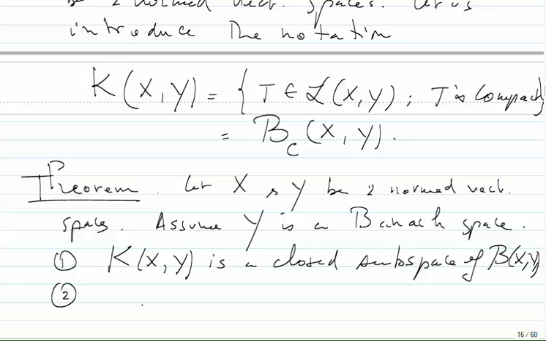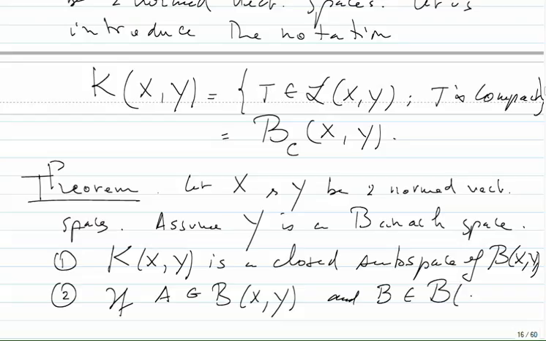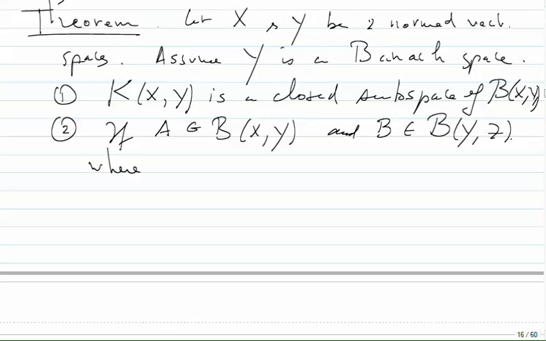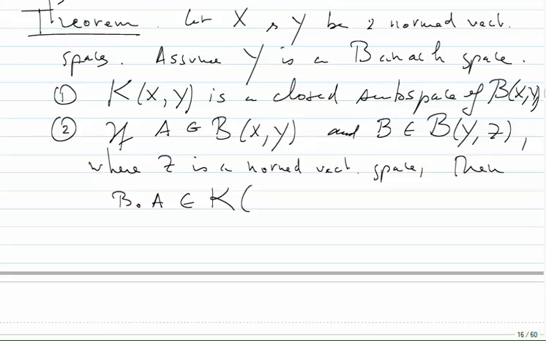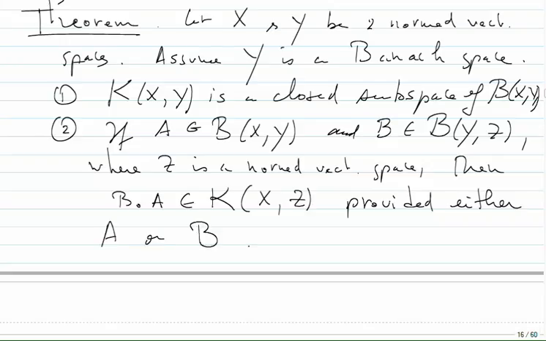Two, if A belongs to B of XY and B belongs to bounded operators from Y to Z, where Z is a normed vector space, then B composed with A belongs to K of X to Z, provided either A or B is compact.